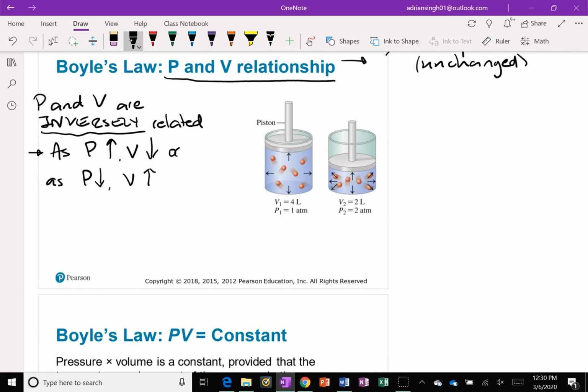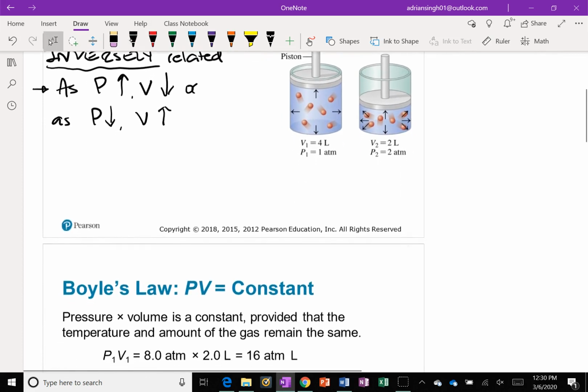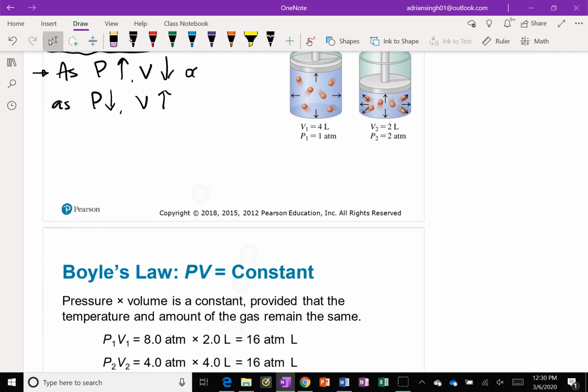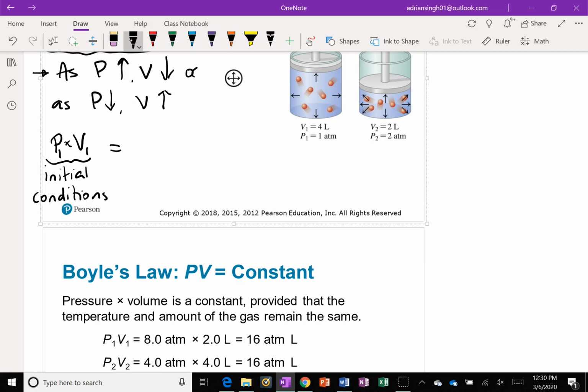So the way that that works for us in terms of how we're able to use it to solve mathematical problems is as follows. If we multiply the pressure times the volume that we start with, and we're going to abbreviate that as P1 V1, these are our initial conditions, whatever value we get should be equal to the final pressure times the final volume, which we abbreviate P2 and V2.